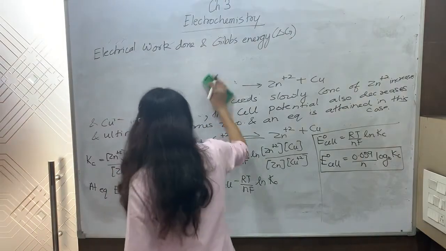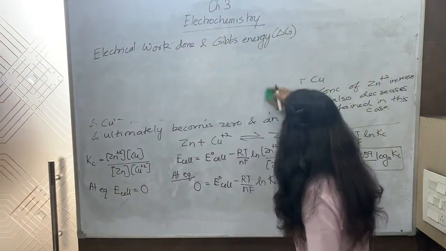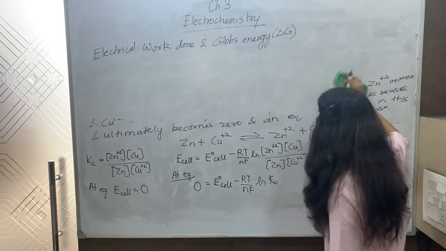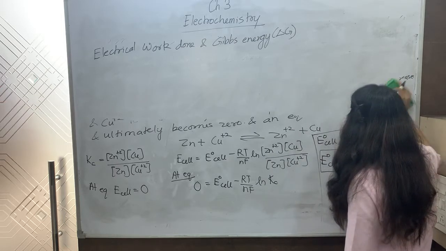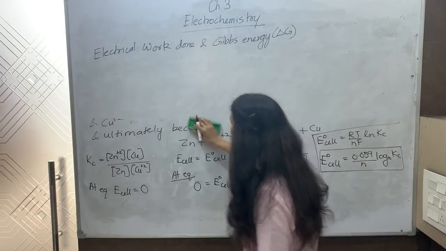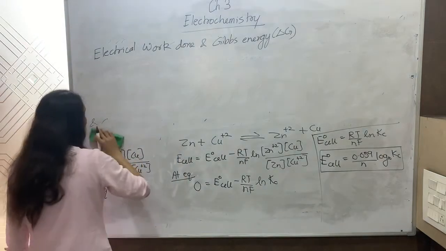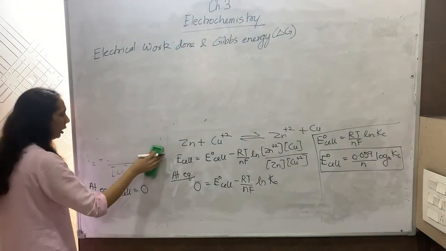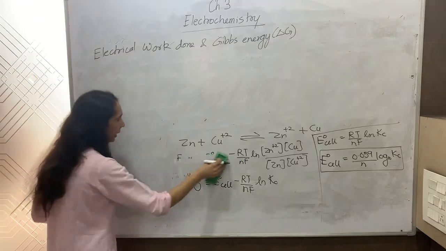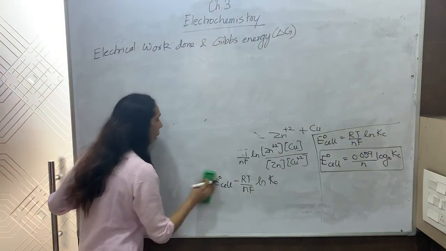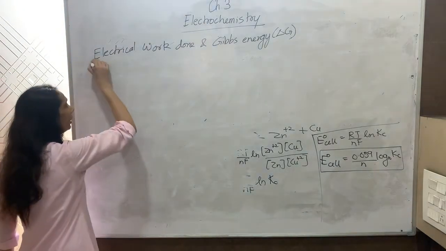The electrical work done by a galvanic cell in 1 second is equal to the product of the cell potential and the electrical charge flowing through the cell. Again I am repeating, what is electrical work done?